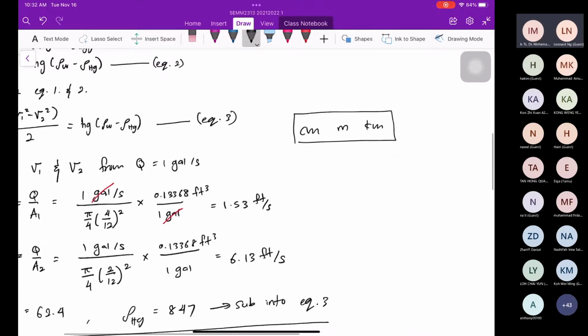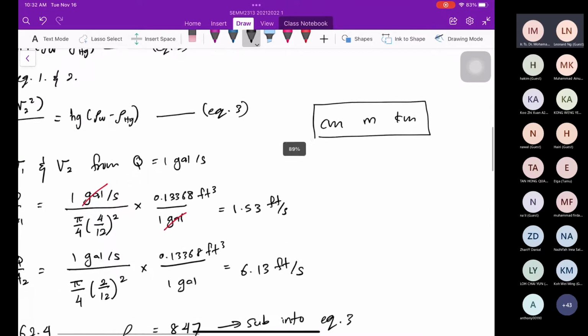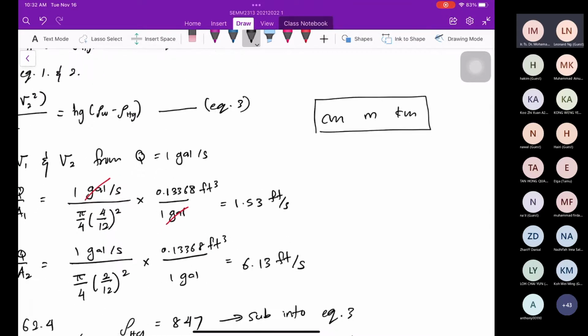So sometimes we use gallon because it depends on the location. For example, when it involves oil and gas, you have a gallon of gas, a gallon of oil, so you can use the gallon. This is the unit conversion: a gallon is equivalent to 0.13368 cubic feet.